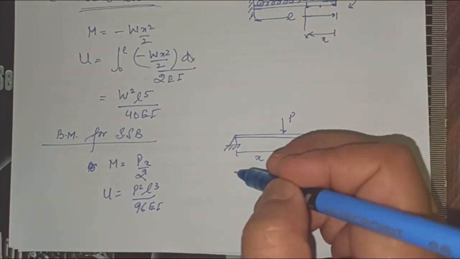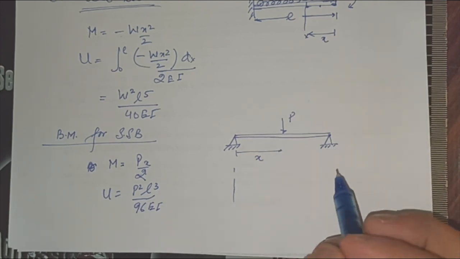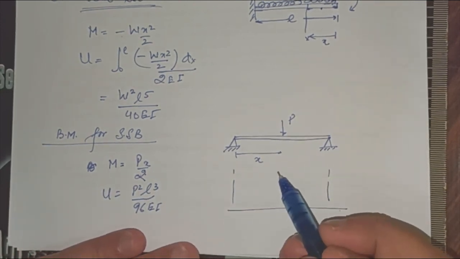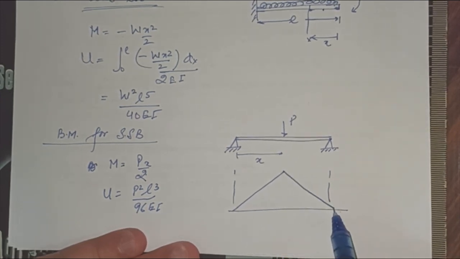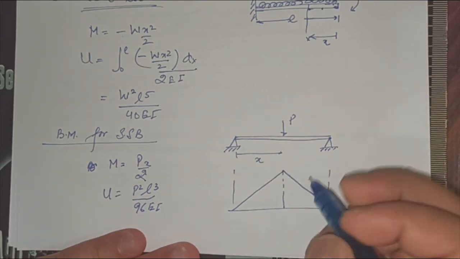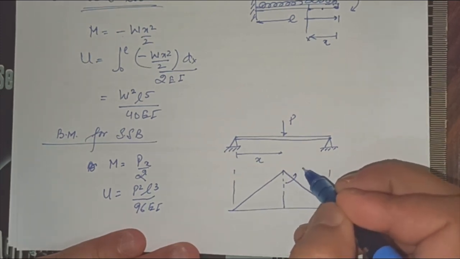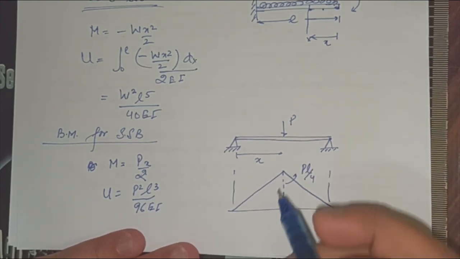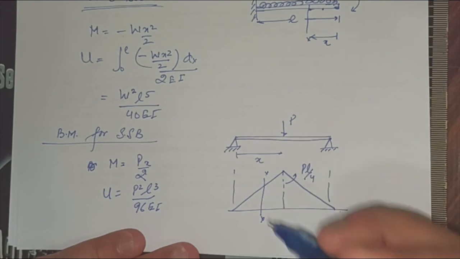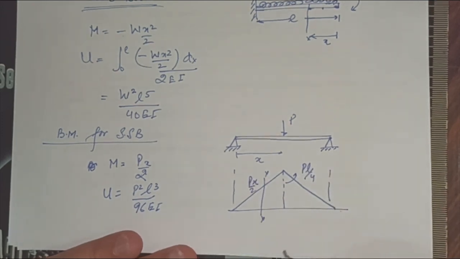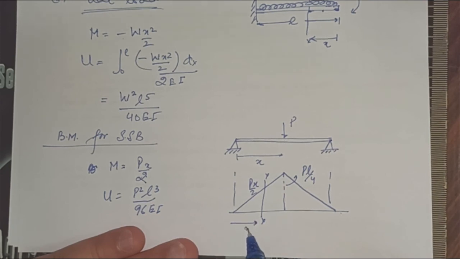Remember that if you make a shear force and bending moment diagram, your bending moment will be maximum at the center. This will be PL by 4, the maximum bending moment, and at any cross section XX it will be Px by 2 from this distance x.